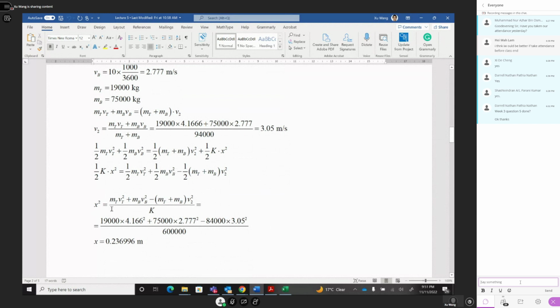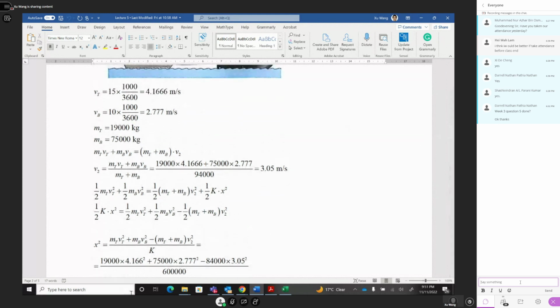Okay, then put in the numbers: mt vt squared and mb vb squared, and also mt plus mb together, and v2 we already calculated.